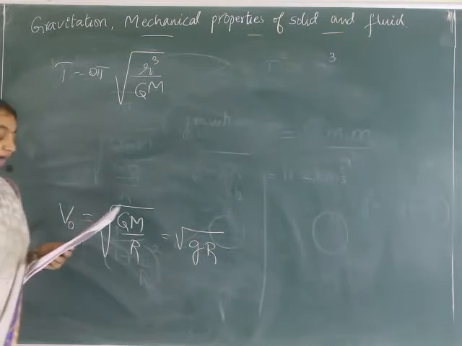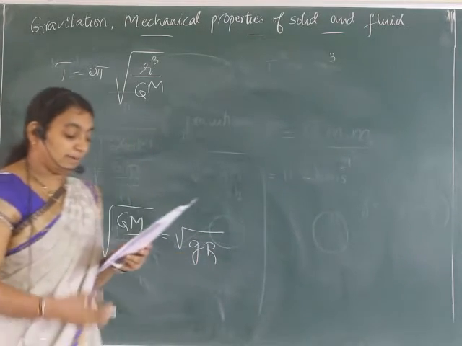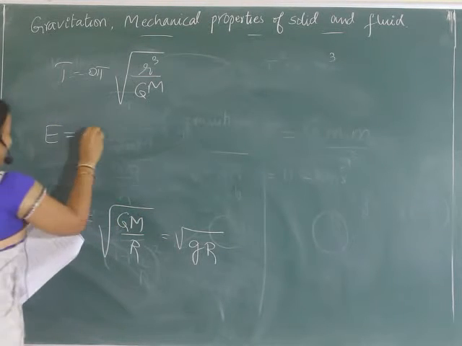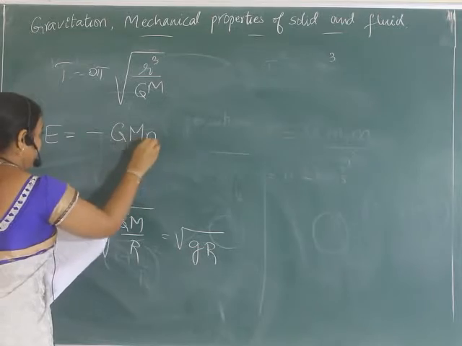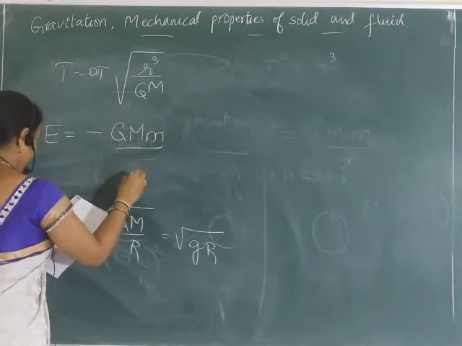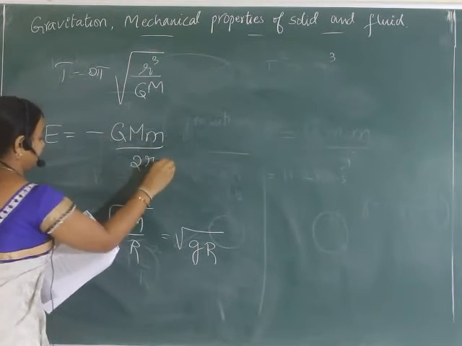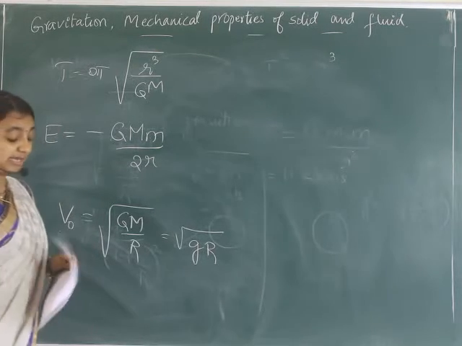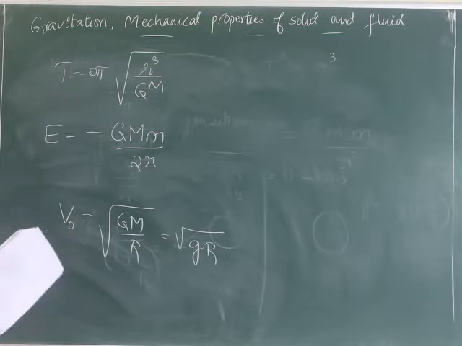Then energy of the satellite of the mass m, energy is equal to minus GMm divided by 2r. This is the expression for the energy of the satellite which is revolving around the Earth in a circular orbit.